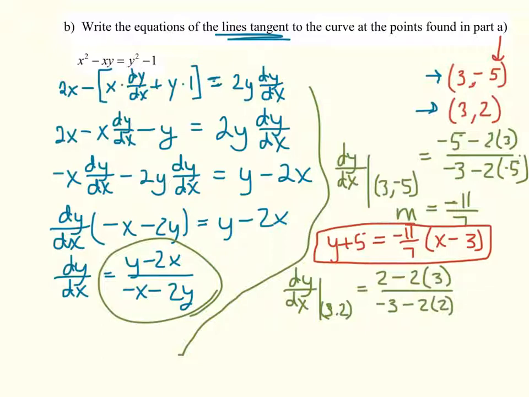On the top here, 2 minus 6 would be negative 4, and on the bottom, negative 3 minus 4 would be negative 7. So that would be equal to 4 sevenths, and that's our slope at the point (3, 2). So I'm ready to write my tangent line. It'd be y minus 2 is equal to 4 sevenths times (x minus 3).